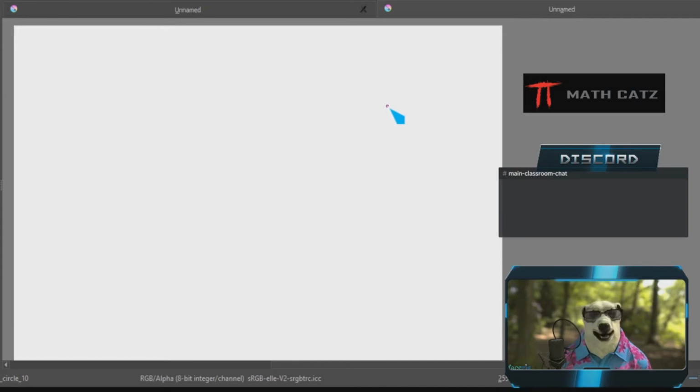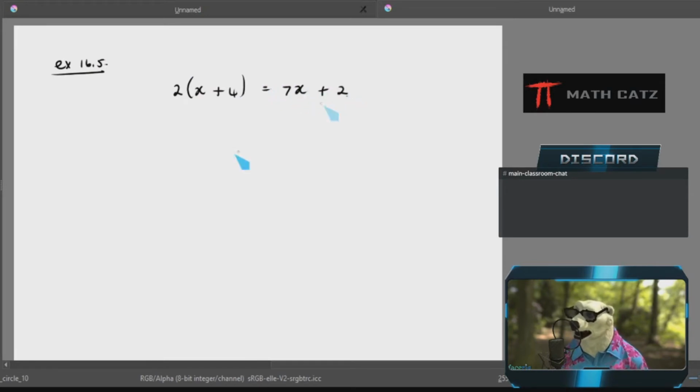What was my equation here? Exercise 16.5. I'm solving 2 times in brackets x plus 4 equals 7x plus 2. Just made up, I know. But we can get similar things from word problems later on, absolutely.